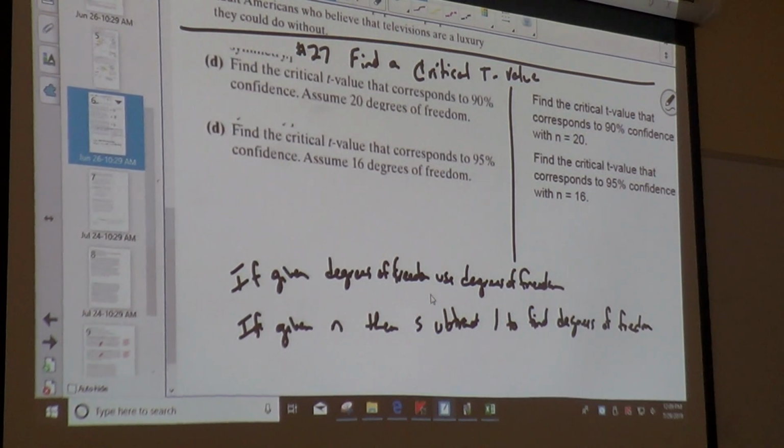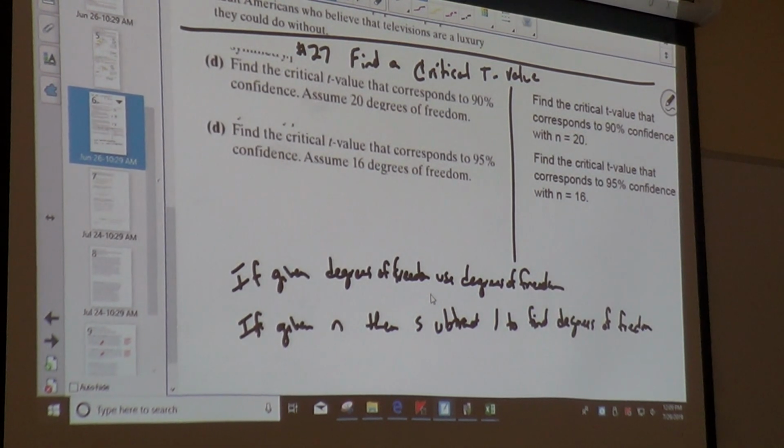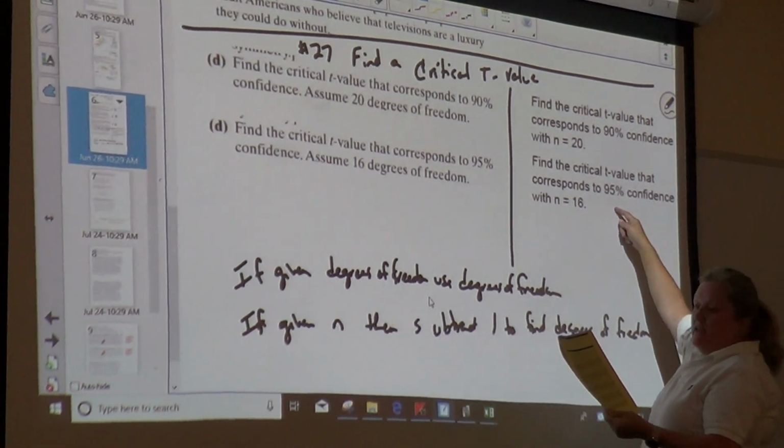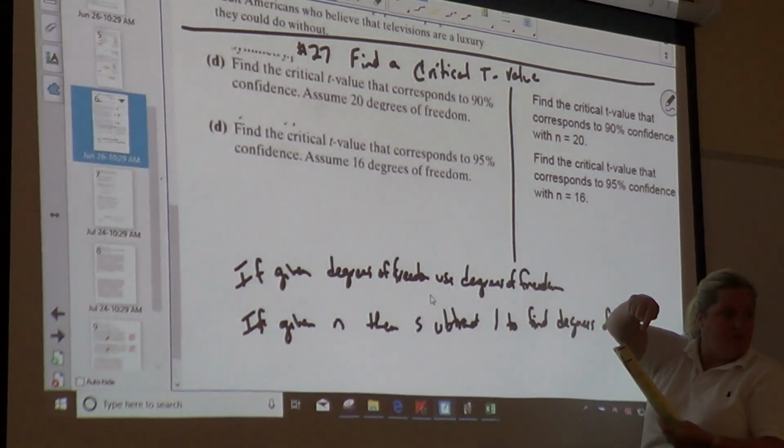On your formula sheet, we are going to use table 7. That is the very last page, the front of the last page. Now, it says degrees of freedom, but if you have an n, you're going to do n minus 1 to get your degrees of freedom.